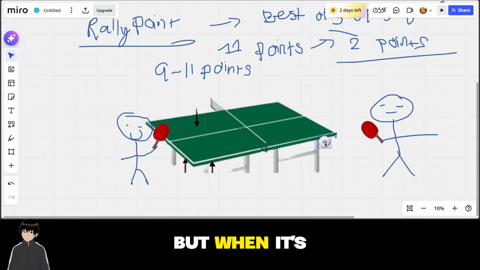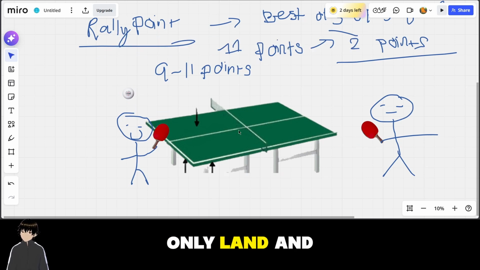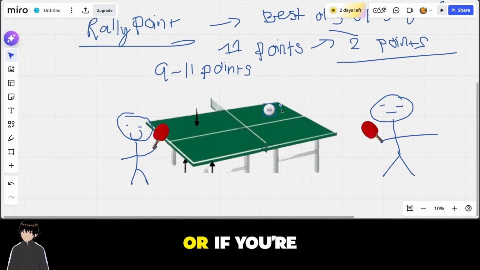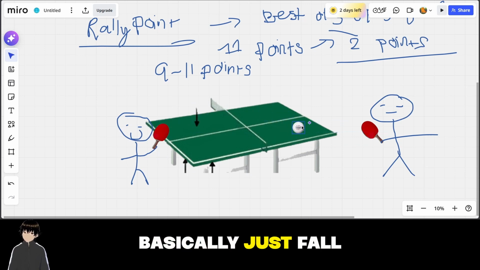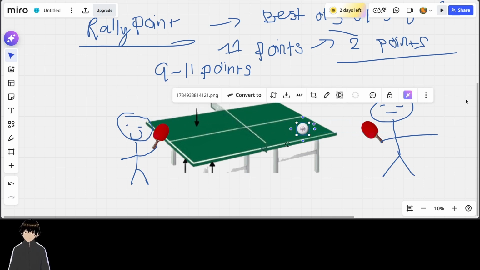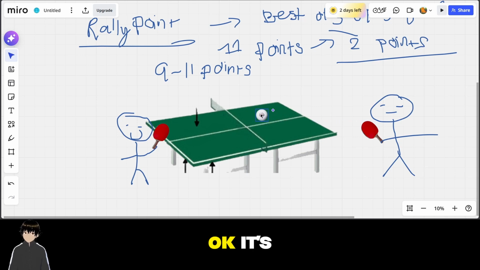But when it's doubles, the ball should only land on this side. If you're the server, the ball should basically just fall to this side of their court, your opponent's court. If it falls anywhere here, it's not good.